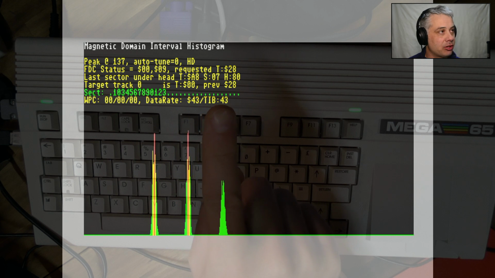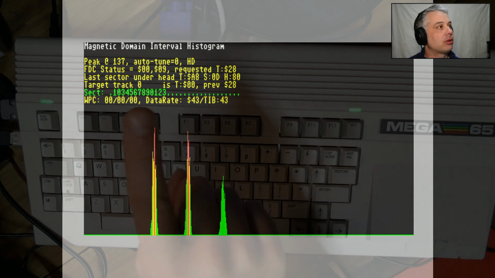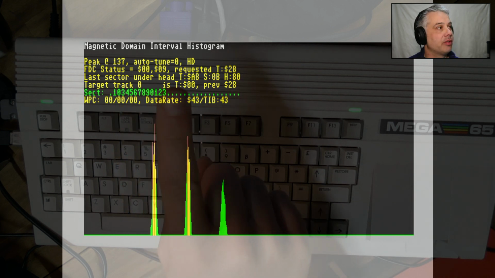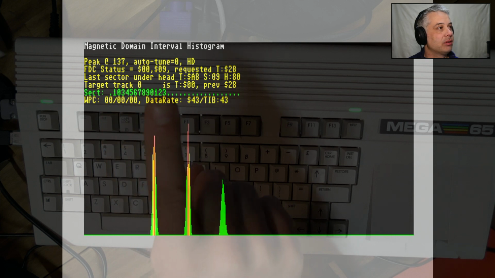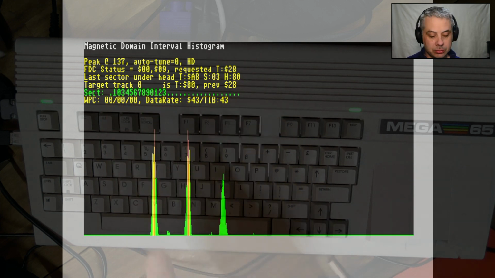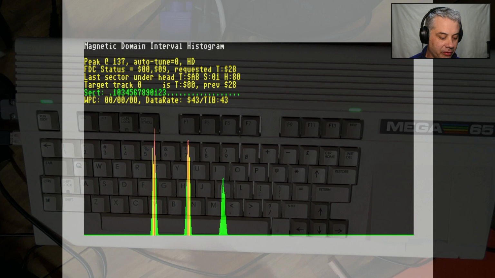And the TIB is showing what's being read back from the track information block. And up here we have the sectors that are being read back. So it's giving us an idea of how many sectors we can fit at that data rate.